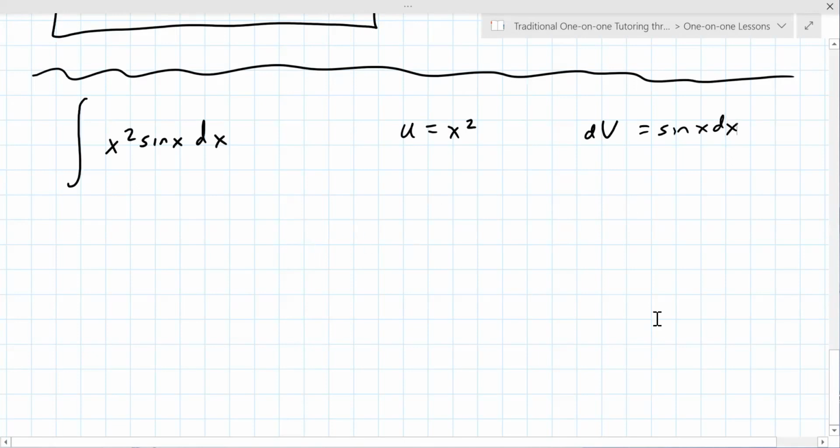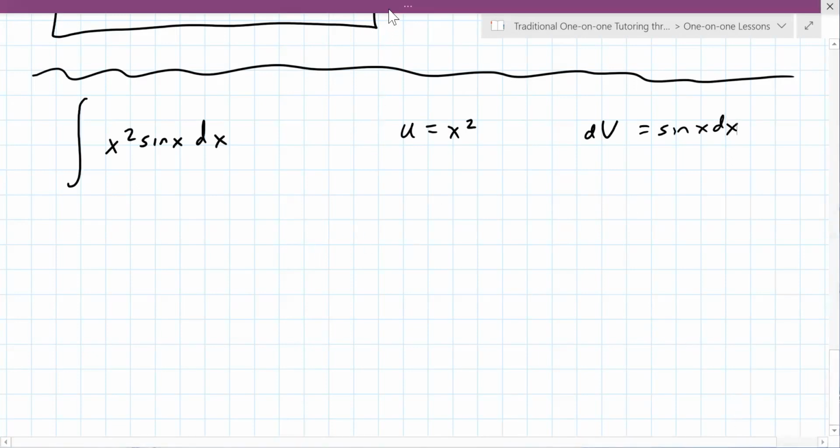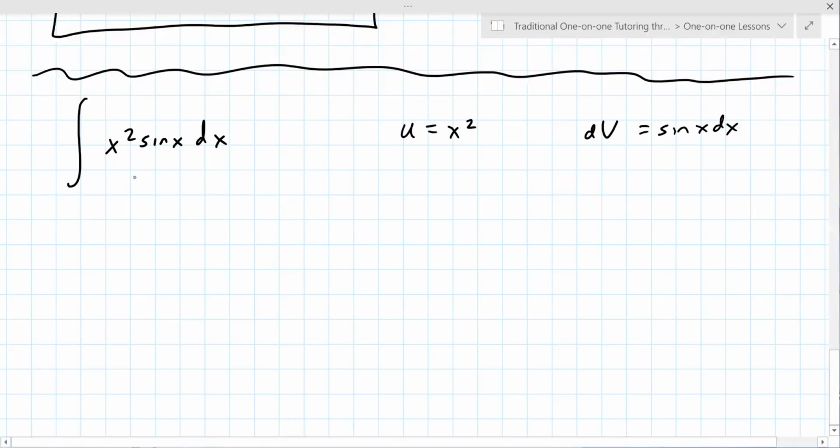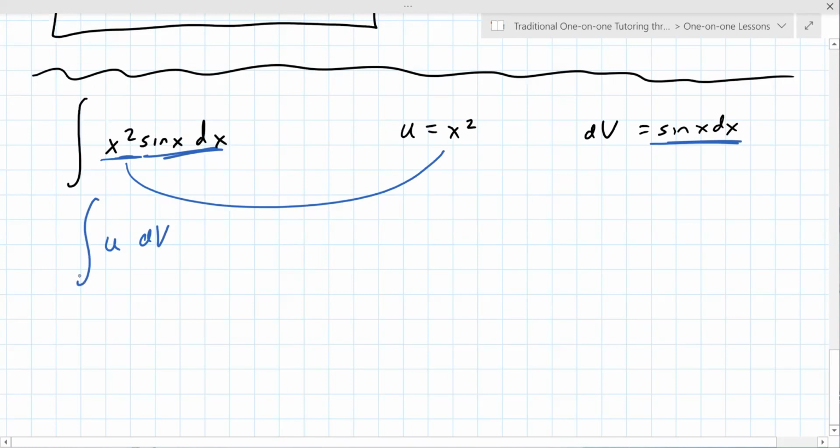Maybe what's not clear is that this becomes u, and all of this is dv. So you're integrating this. You have to use up everything in this integral to do it. Okay, now it's clear.